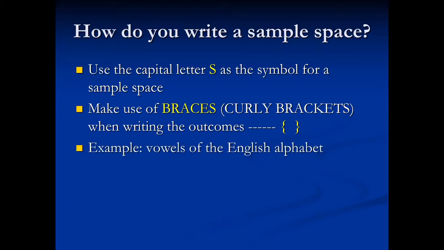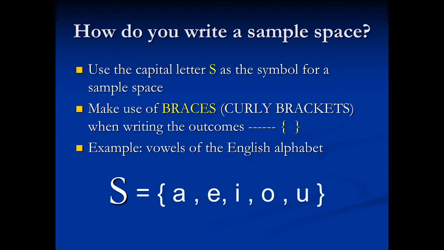And lastly, for example, vowels of the English alphabet. What are the vowels of the English alphabet? Okay, that's A, E, I, O, U. So we have the sample space, the capital letter S, is equal to A, E, I, O, U. And take note, enclosed inside the braces. Okay? Now let's continue.